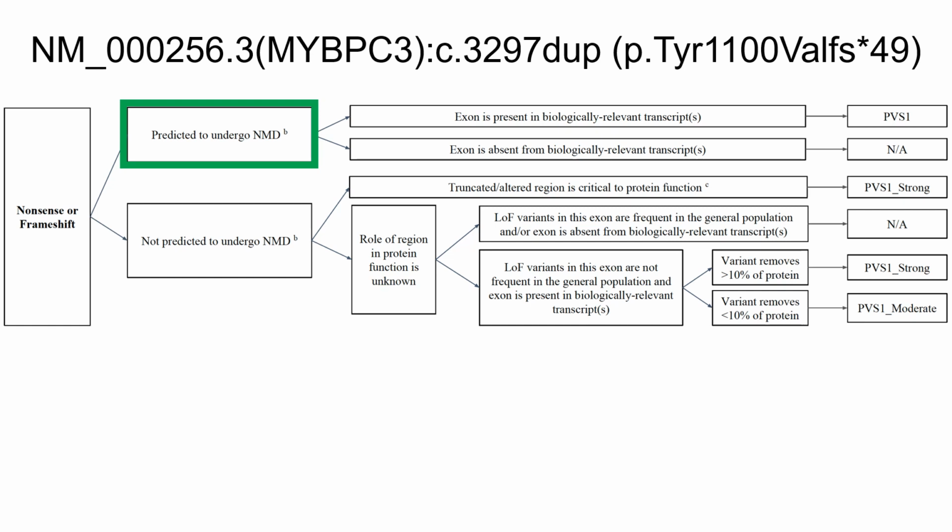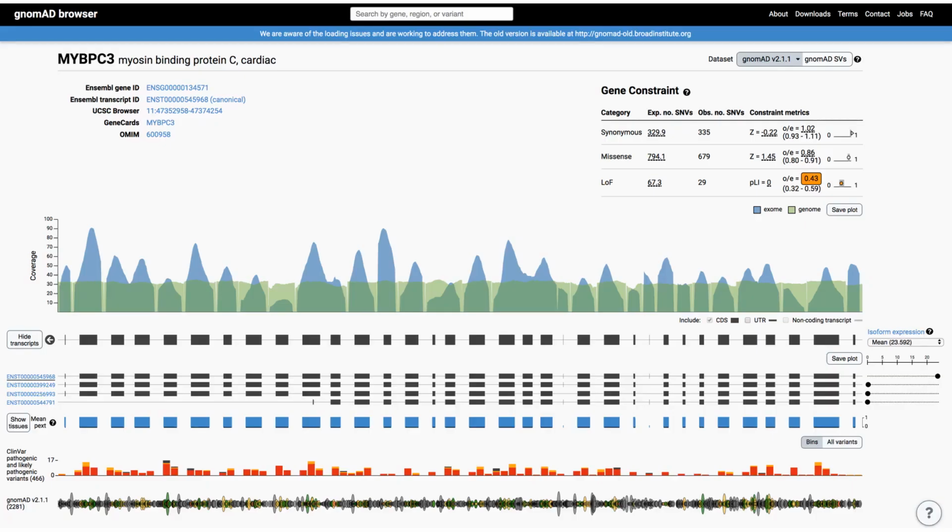So the next question I need to address is whether this exon is present in biologically relevant transcripts. This is another case where looking at the gnomAD data can be helpful. So I'm here on the MYBPC3 landing page, and I'm showing the different transcripts, and you can also look at the expression of these different transcripts.